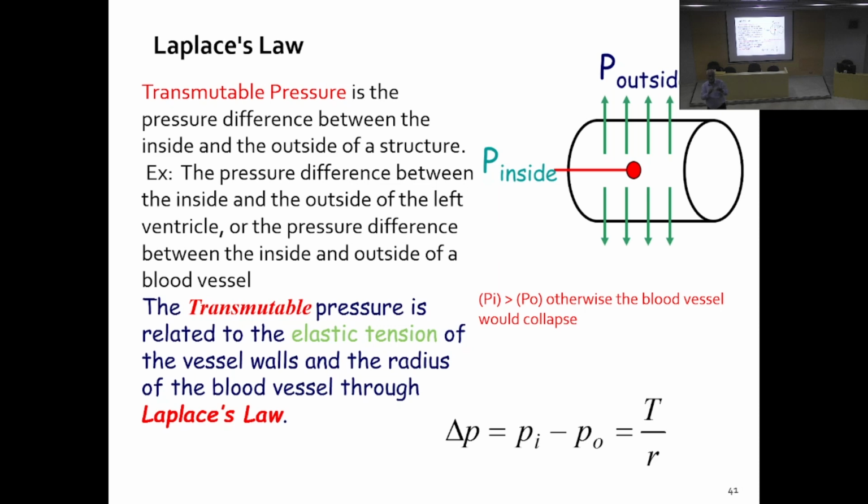This one is pressure inside and pressure outside. So we define transmural pressure as the difference between inside and outside of any structure. In our case, it would be the heart, eyes, and blood vessels.